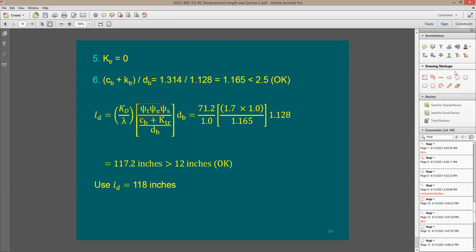I know it's going to be 1.95, but here's the value I'm going to be using in my analysis, 1.7. Great. At the end, development length here becomes 117.2. I need to do this last check versus 12 inches. At the end, I use 118 inches.